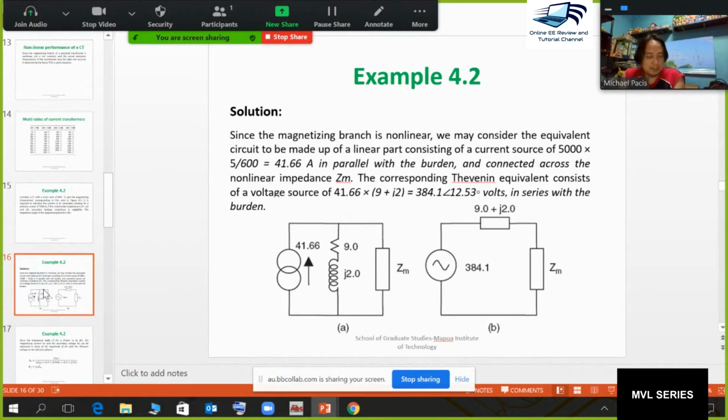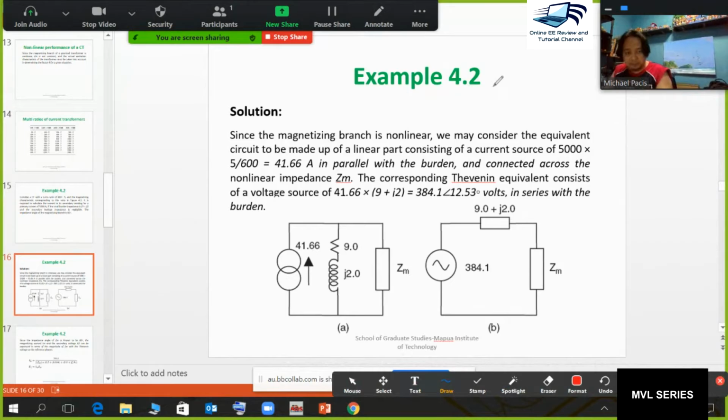Okay, first, since the magnetizing branch is nonlinear, it means the value of Zm varies. We may consider the equivalent circuit made of a linear part, considering the current source must be in the secondary side. So your 5,000, you need to divide it by 600 by 5, as you can see here, it's pretty clear.